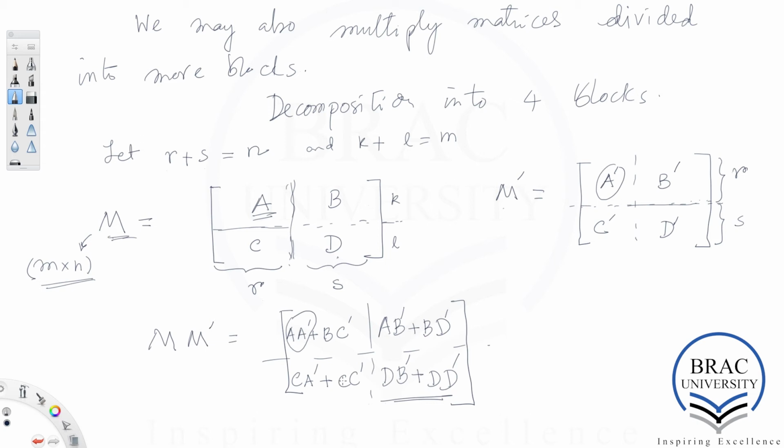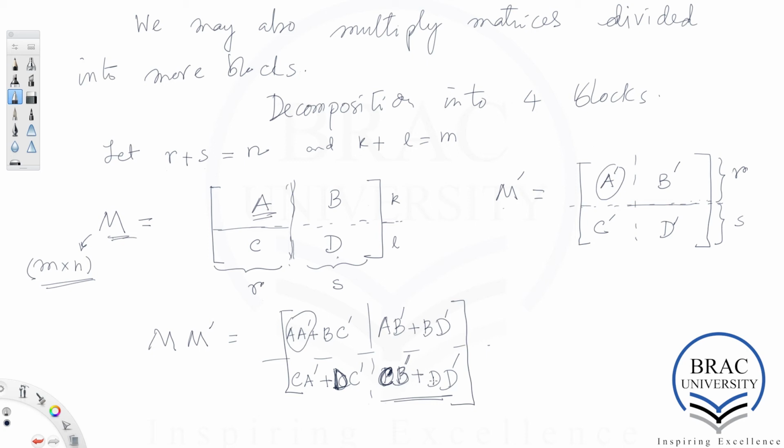This is going to be CA prime plus DC prime, and this is CB prime, and this is DD prime, CB prime, right? So let me quickly check AA prime, BC prime, and AB prime, BD prime. It's good. Then CA prime, DC prime, and we have CB prime and DD prime.